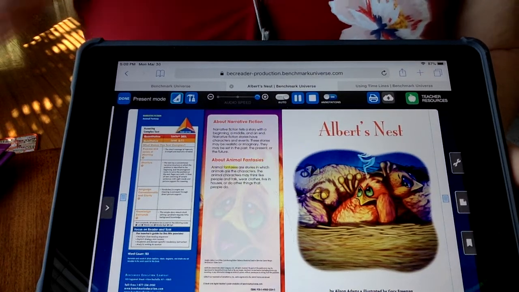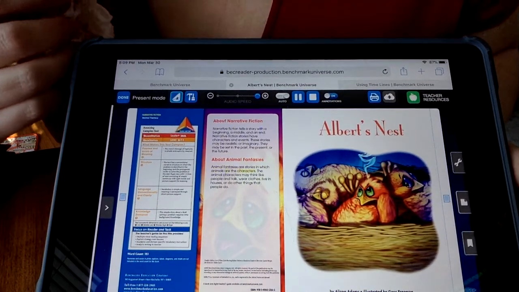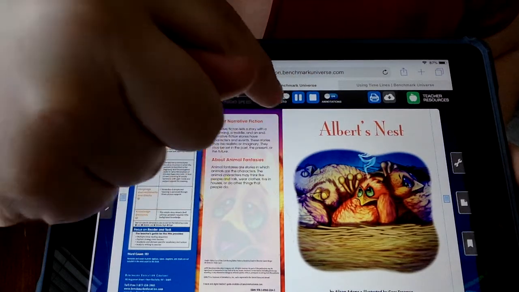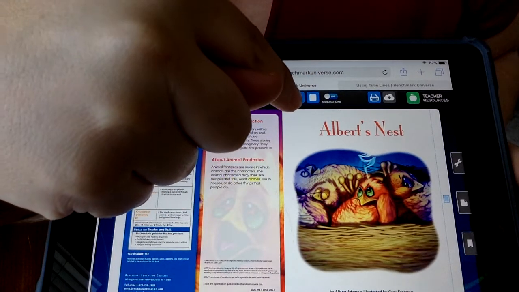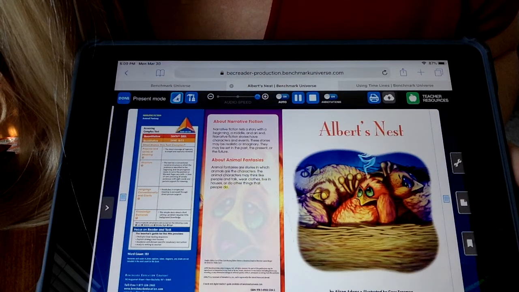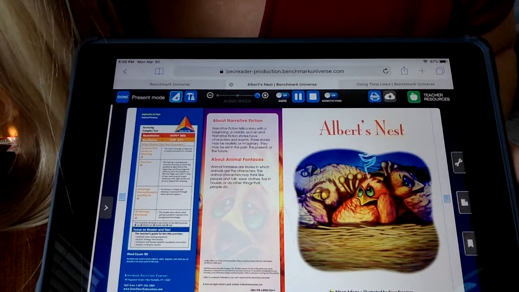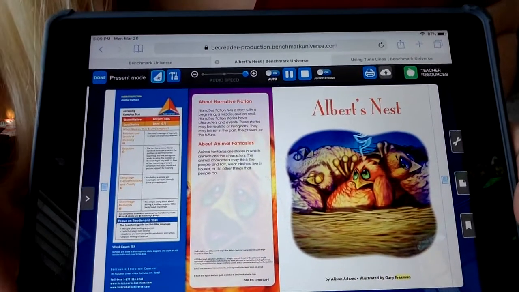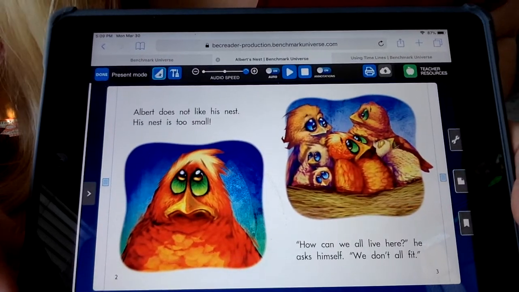Animal fantasies are stories in which animals are the characters. The animal characters may think like people and talk, wear clothes, live in houses, or do other things that people do. Albert's Nest by Allison Adams, illustrated by Gary Freeman. Start reading with us now.